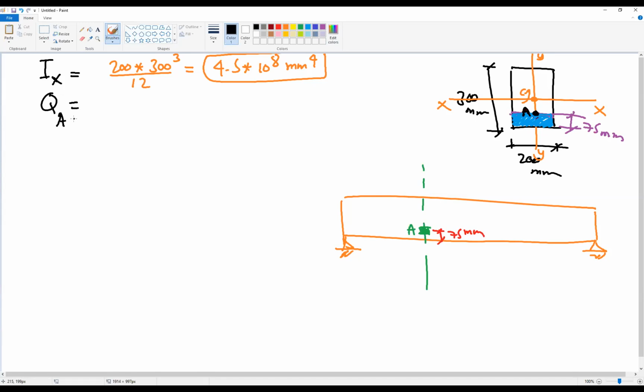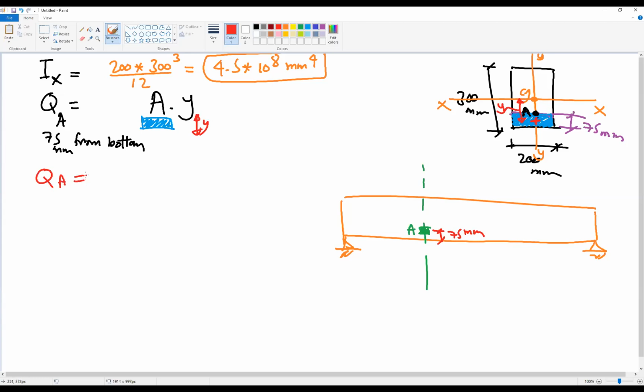So we need to calculate QA, which is 75 millimeter from the bottom. Q is equal to A multiplied by Y, area multiplied by distance. What area? This is the area, the sky blue area. What is the distance? The distance from the centroid of this area to the CG. So this is Y. Y in red is our Y.